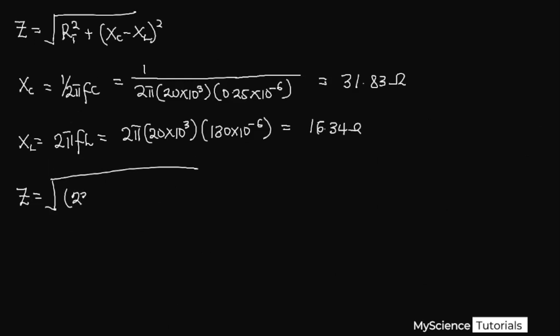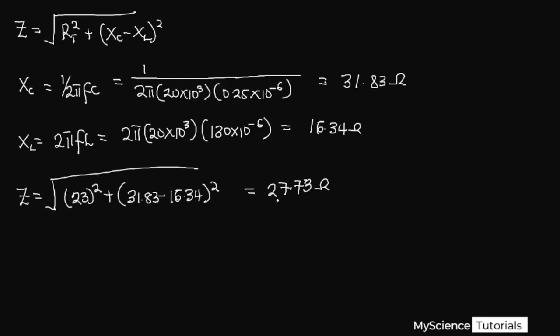So we have 23 squared plus, in brackets, XC minus XL squared, so we have 31.83 minus 16.34 squared. Now if we compute these into the calculator, we are going to get a total of 27.73 ohms as the impedance for this entire calculation.